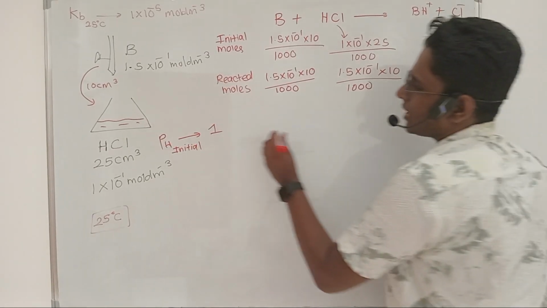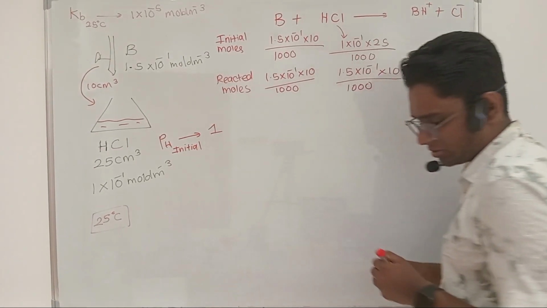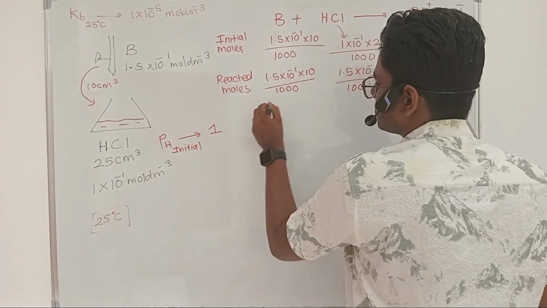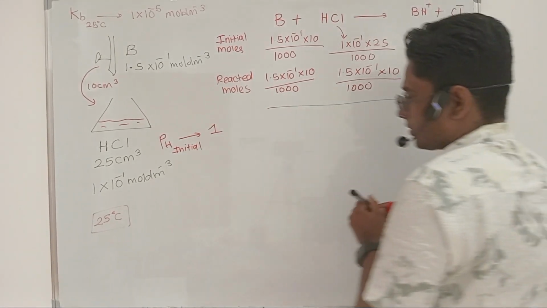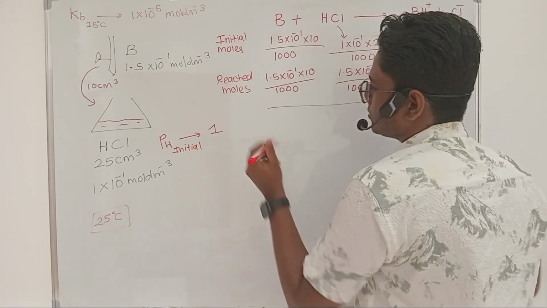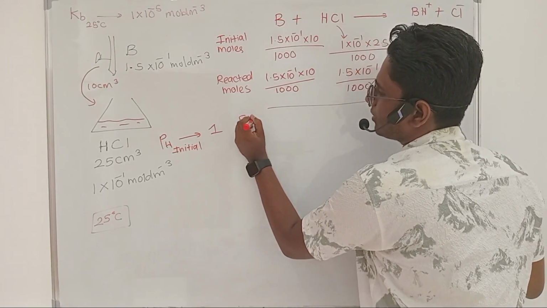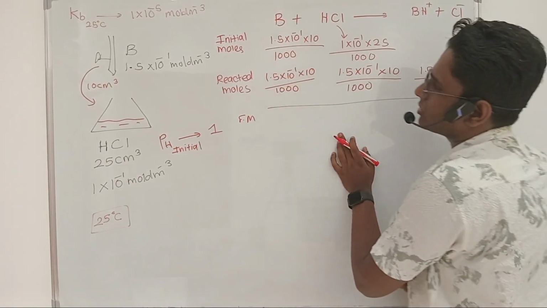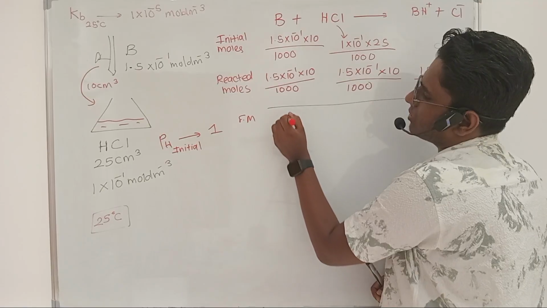Okay. Now what is the final moles? This is the reacted moles. How can you find the final moles? Final moles, FM, I'll put. You have to subtract the reacted moles from the initial moles. So for B, it will be 0.